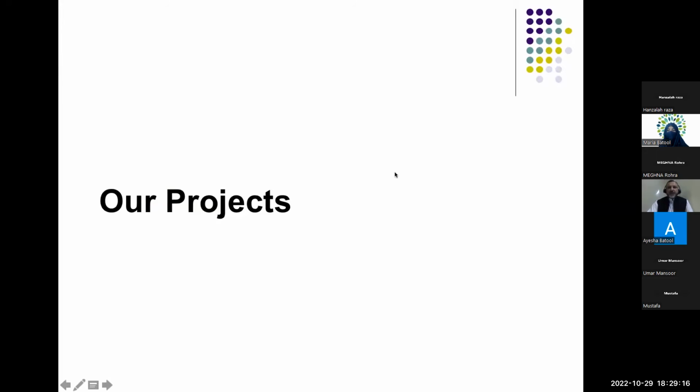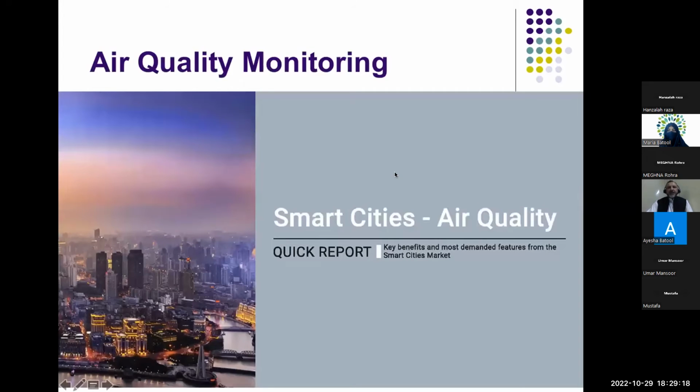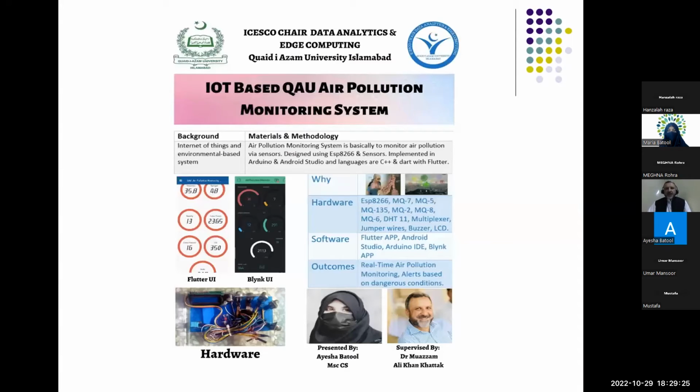Here are some of our projects as we discussed earlier. One is related to air quality monitoring, which was fortunately done by the host, Ms. Aisha Batul. We did this project at Quaid-e-Azam University, and we used IoT equipment to find what kind of pollutants exist in that particular environment.